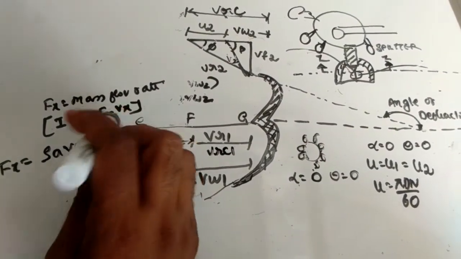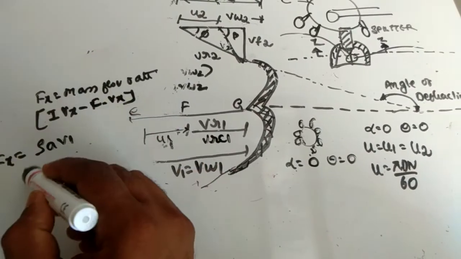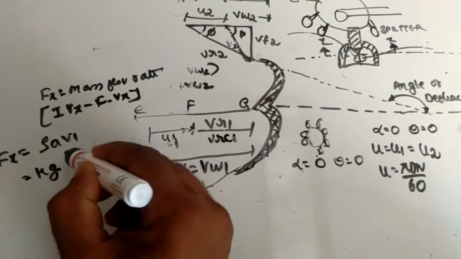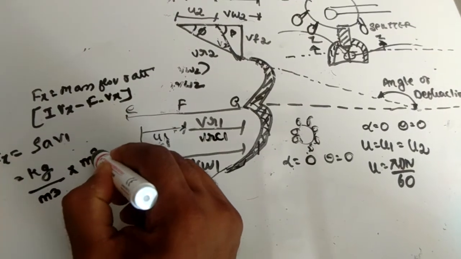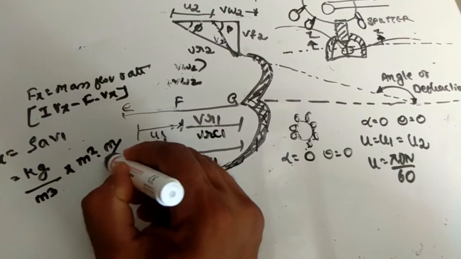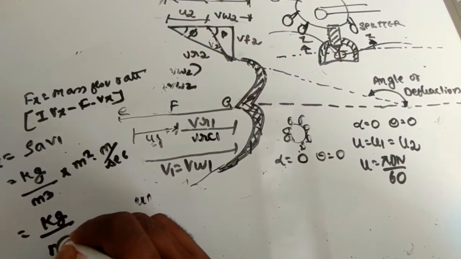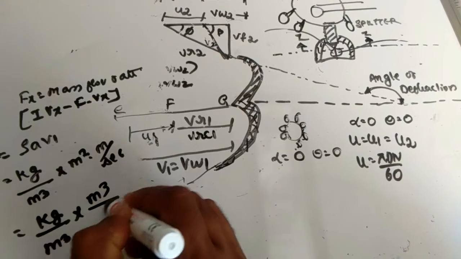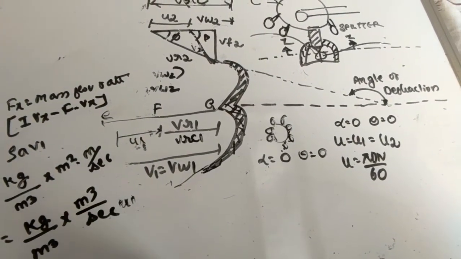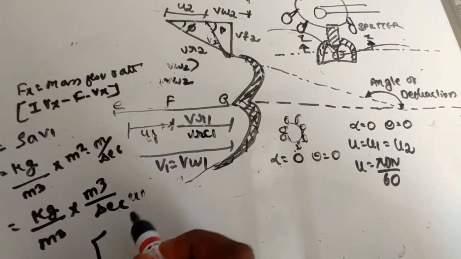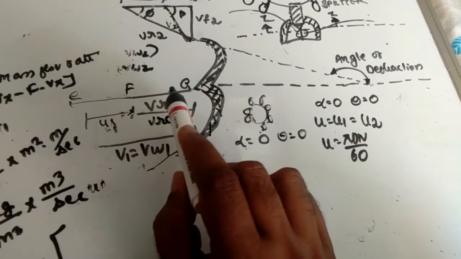V1 is the velocity, that is the absolute velocity, not the relative velocity. So we can write kg per meter cube, area in meter square, velocity in meter per second, so meter cube per second. So it becomes rho a1 and the initial velocity, this is the relative velocity in the x direction.